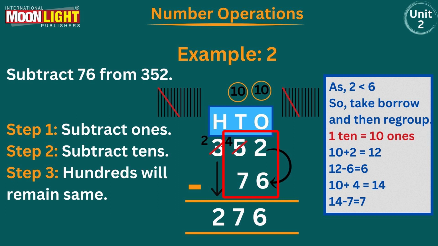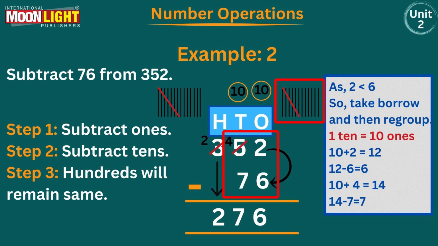The first step is subtract ones. Over here, you can check, the number 2 is less than the number 6. The first number must be greater than the second to subtract without borrowing. So to subtract with borrowing, I need to take a borrow, because subtraction is not possible otherwise. So I'm going to take a borrow of 1.